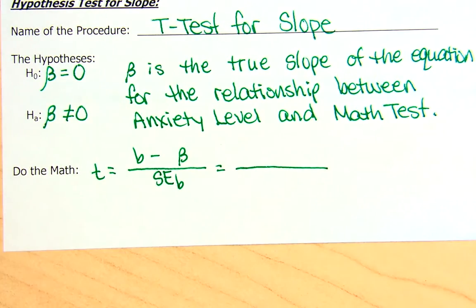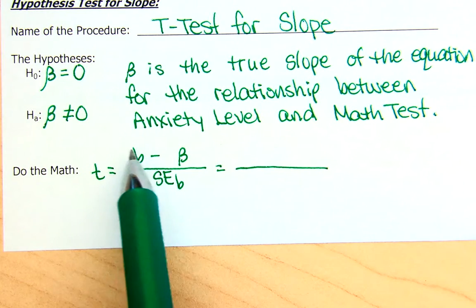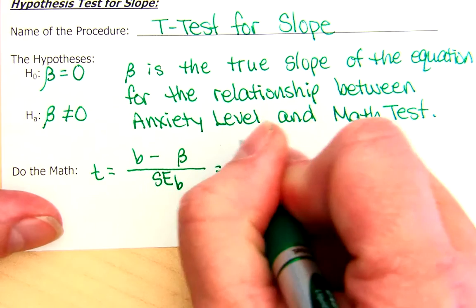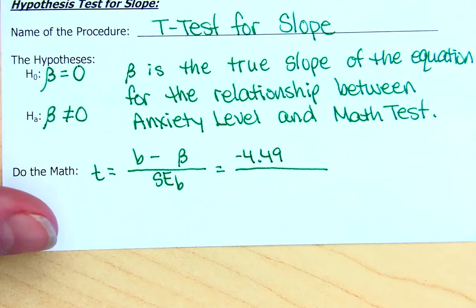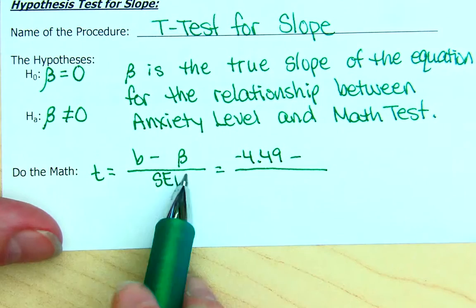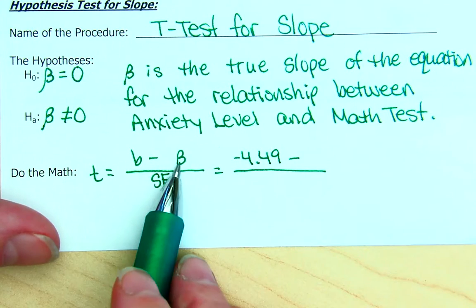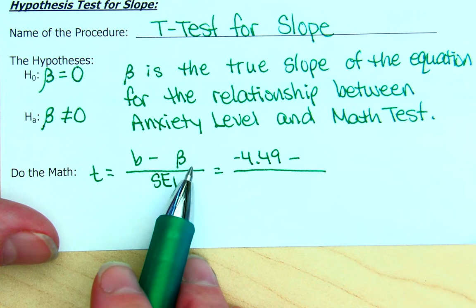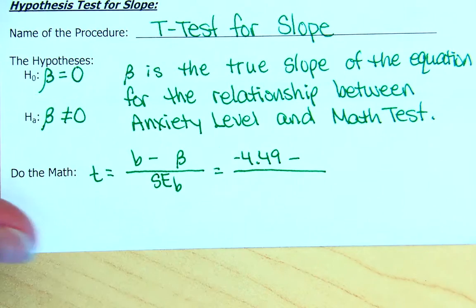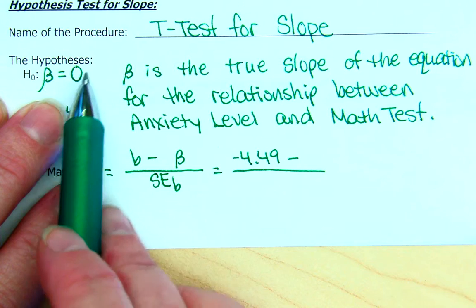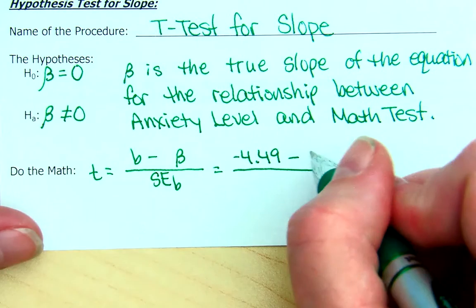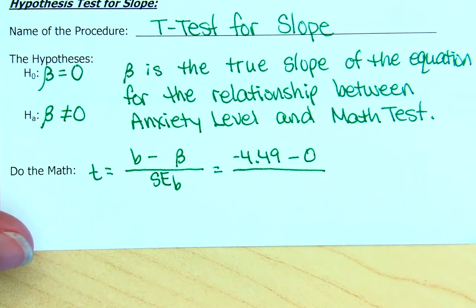So if we plug in the values, our sample slope was negative 4.49 minus our beta. Now we don't know for sure what it is because we're testing to see which one it is, but until we've proven otherwise, we assume H0 is true. So we're going to say beta is 0 until we can say it's not.